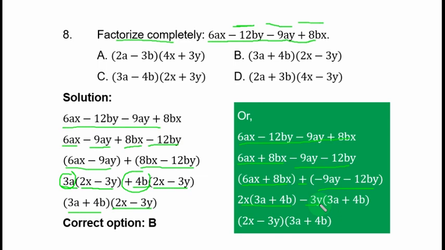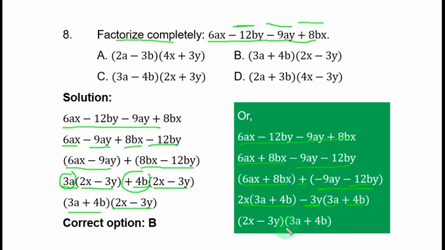Remember that any term you factored out is used to divide each term in the bracket. So if you divide minus 9ay by minus 3y, it becomes plus 3a. And if you divide minus 12by by the same minus 3 that you factored out, you have plus 4b.